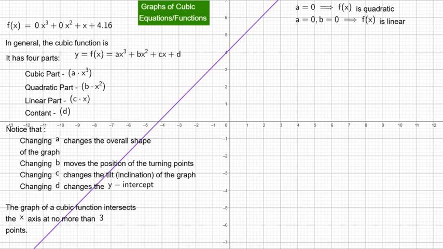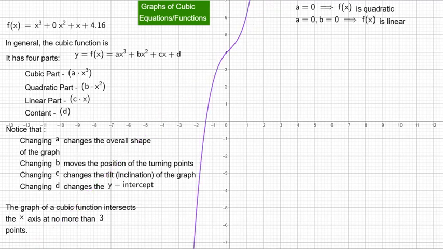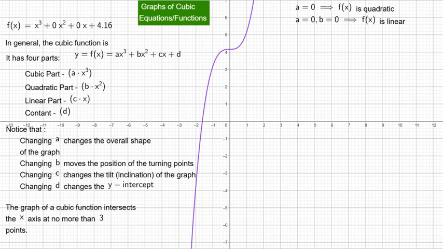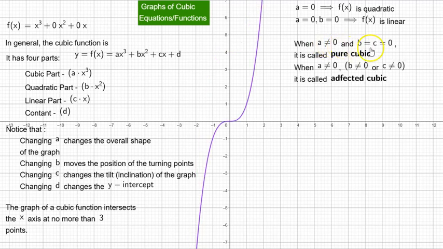So let's go back to our original graph of the pure cubic. Now, when a is not equal to 0 and b equal to 0, c equal to 0, it is called pure cubic. When a is not equal to 0, and b is not equal to 0 or c is not equal to 0, it is called affected cubic.